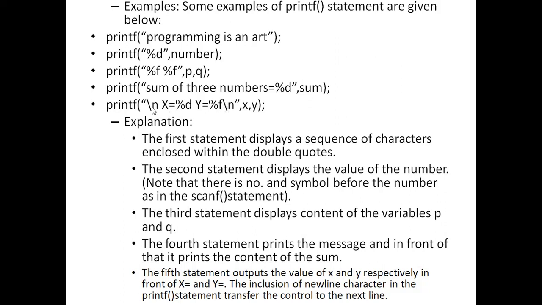Here we are using the escape specifier \n, which represents a new line, so this statement is printed on the next line. That is the meaning of \n; we call it the format specifier.